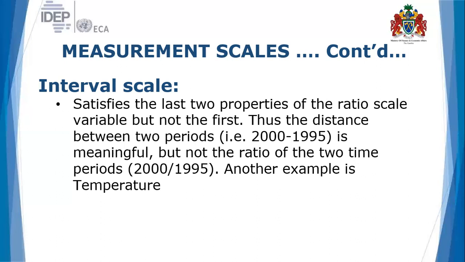We cannot have a ratio of the two, but we have the distance, in terms of one place being warmer and the other less warm, and also natural ordering. But we cannot take the ratio of the two. And there are many other examples that fall under interval scale.